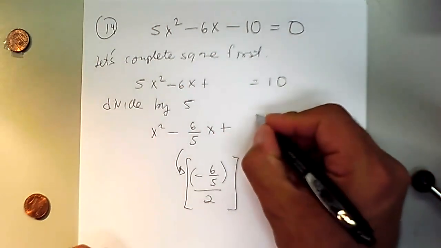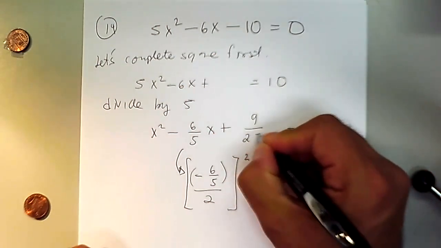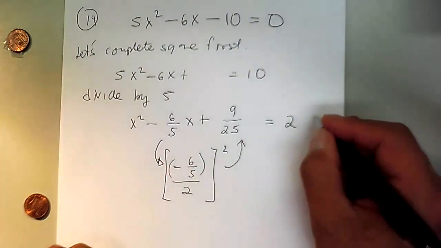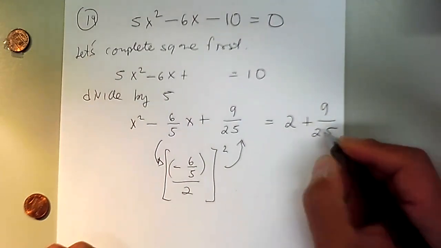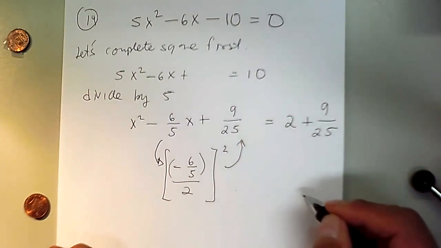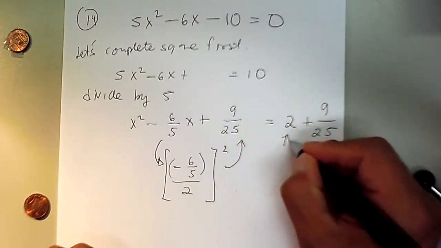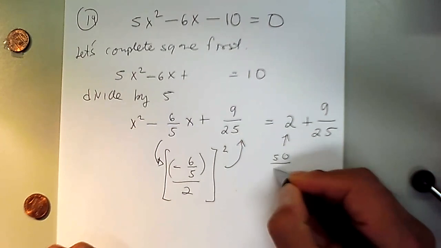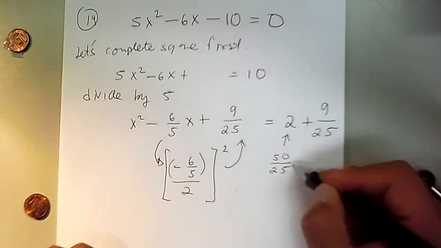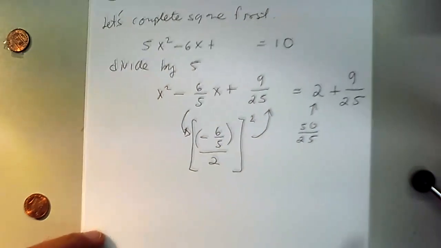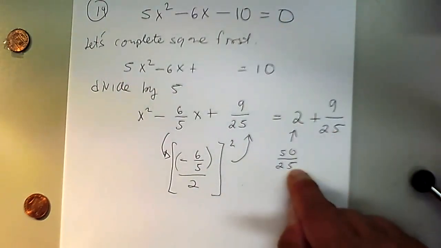So that is 9/25. So we're going to add 9/25 on both sides of the equation. Note, the 2 is 50/25. And the reason why I want to do that is because I want to combine those two fractions. So we want to have the same common denominator.